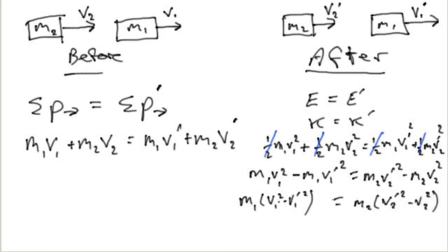And then I've got the difference between two squares on both sides, so I'm going to write that as the difference times the sum.